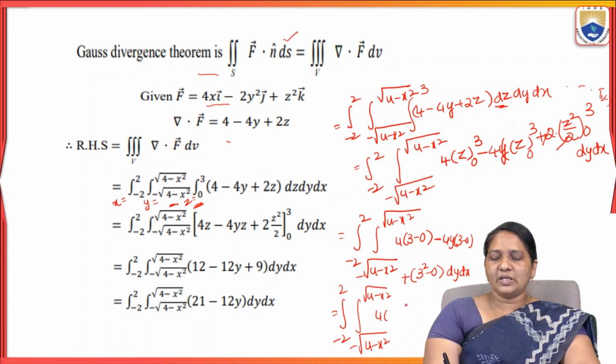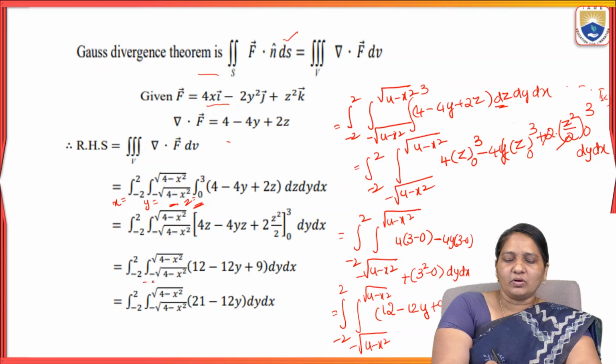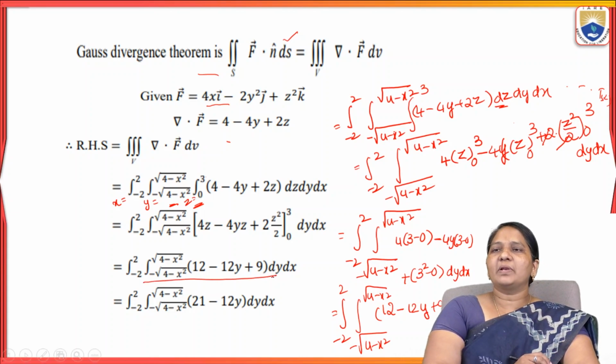Now we replace the limits: 4 into upper limit minus lower limit, minus 4y into the same upper limit minus lower limit, 3 minus 0, plus the 2 will be cancelled here, 3 square minus 0, dy dx. So 4 into 3 is 12. So here we get 12 minus 12y plus 9, dy dx.